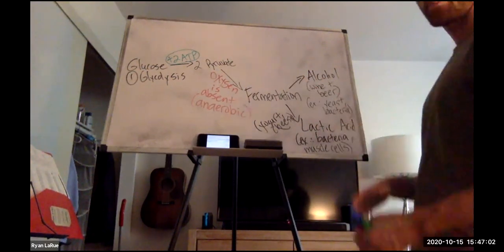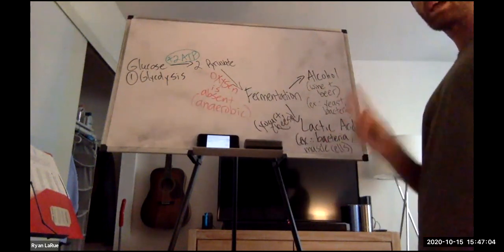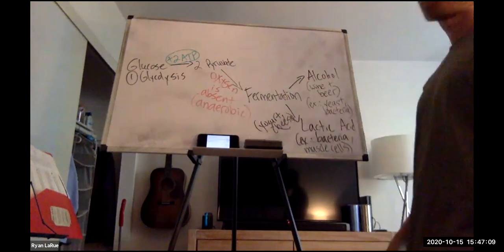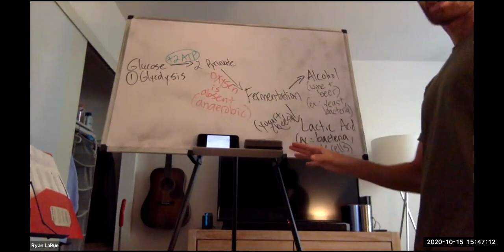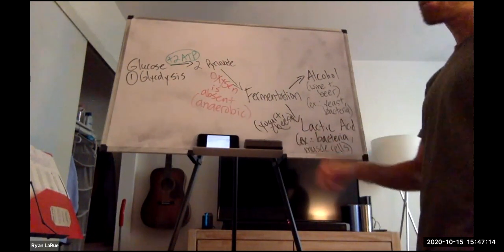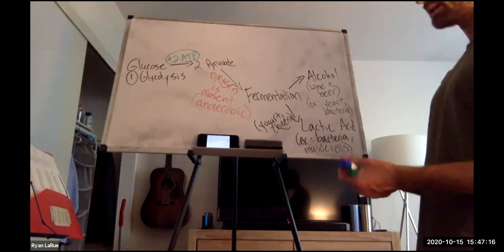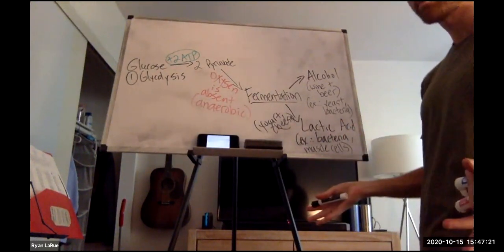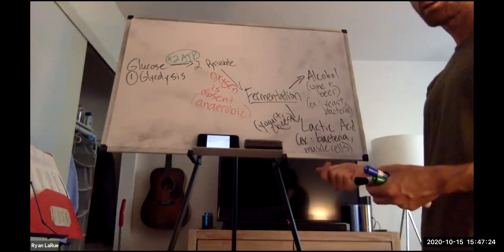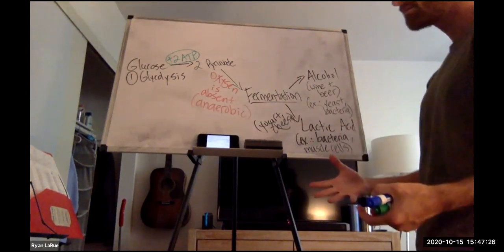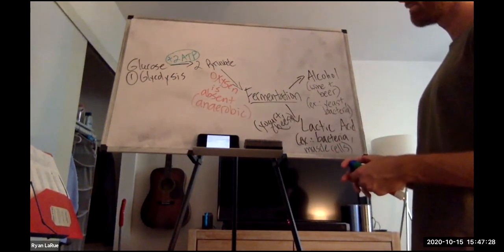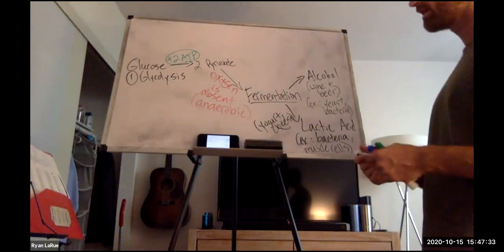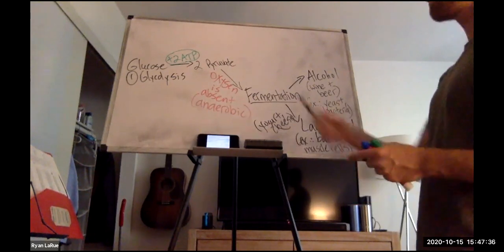This whole thing produces 2 ATP molecules from glycolysis, right? That's it. Kind of not that great, right? So fermentation is really just, I like to call it the quick, dirty, cheap, easy way to make energy. It's quick, it's easy, but it's not quality, it's not really producing that much. It's just 2 ATPs from glycolysis by fermenting pyruvate.